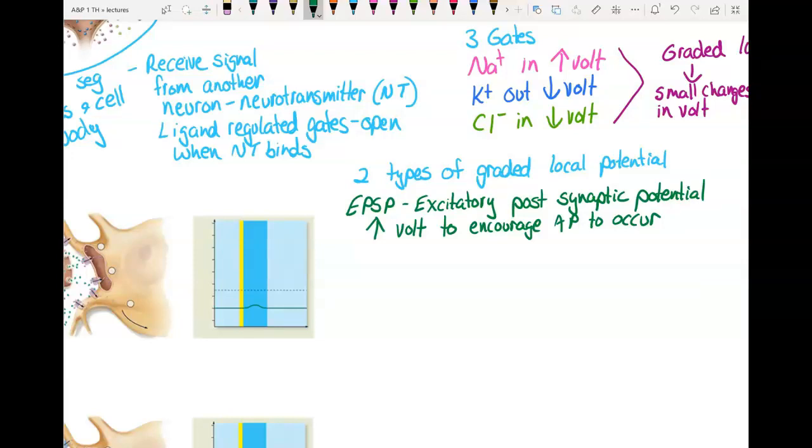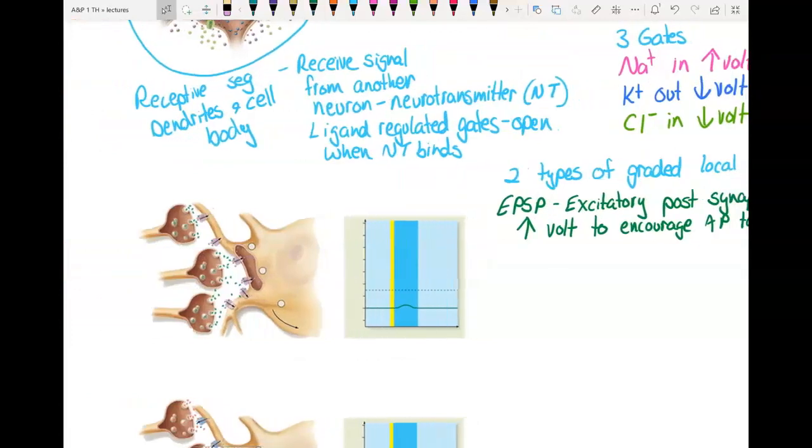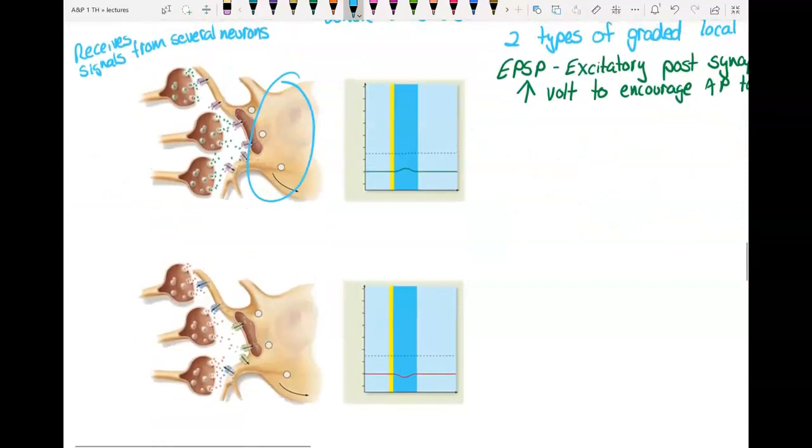That's how it is with your neurons. Notice the receptive segment here. It is getting signals from several other neurons. And it can get conflicting signals.